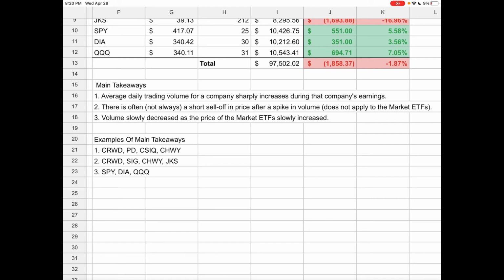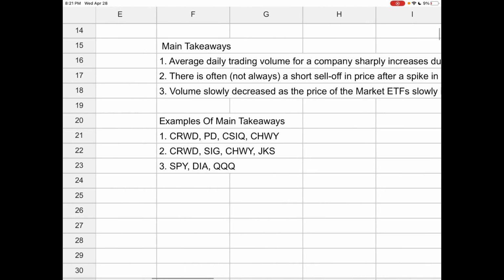Second, there is often, but not always, a short sell-off in price after a spike in volume. However, this does not apply to the market ETFs, which were SPY, DIA, and the Qs. And third, volumes slowly decrease as the price of the market ETFs slowly increased. So I will go over examples of these takeaways with these stocks right here.